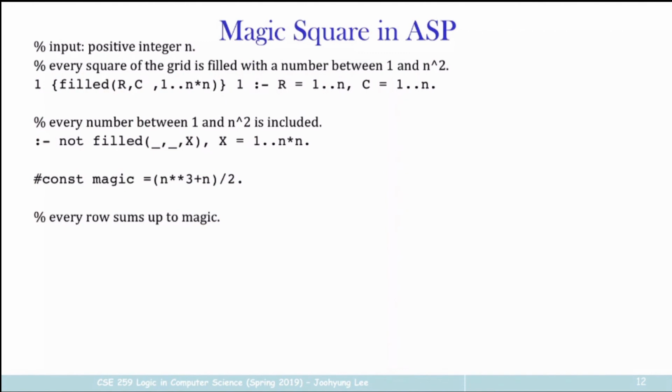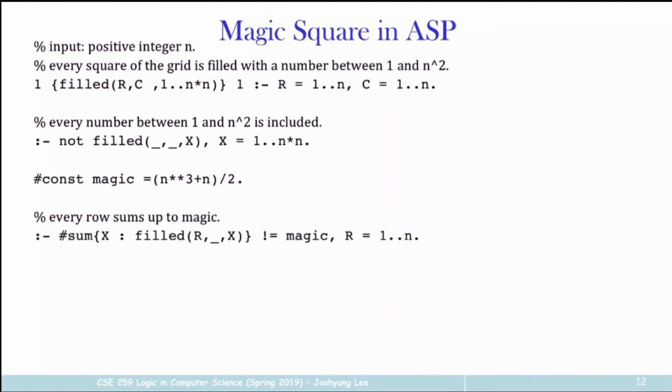Now this is the part that is unique to this magic square problem. We have to say that every row sums up to the magic constant, right? So when n equals 4, all the numbers in the same row should sum up to 34. How do we represent this? Using the sum aggregate is actually easy.